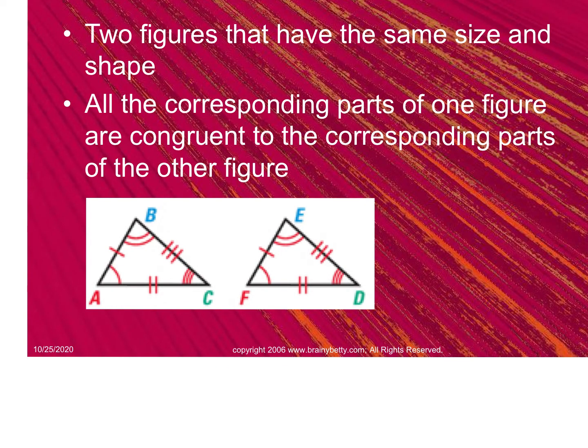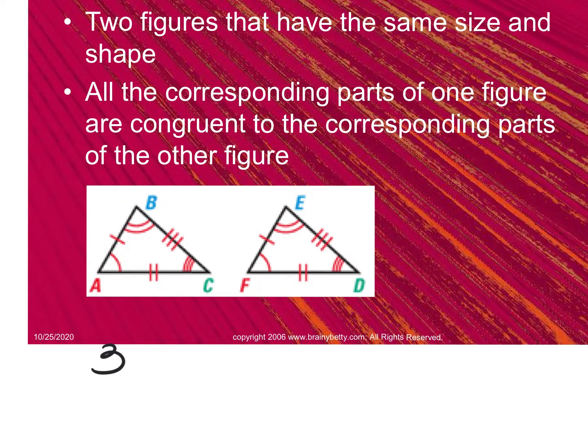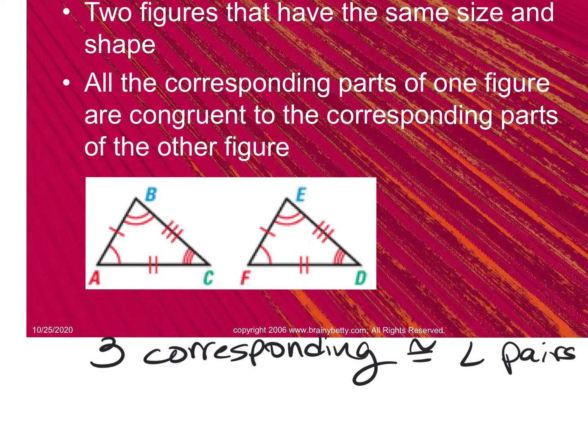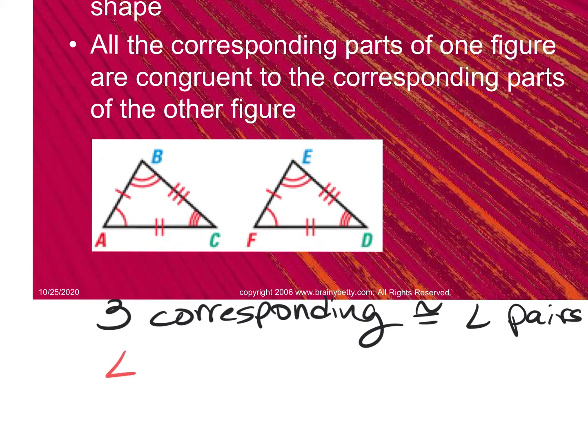So I'm looking for three corresponding congruent angles or angle pairs. So the first one is in red. It's angle A is congruent to angle F. Notice they both have the single congruency mark.